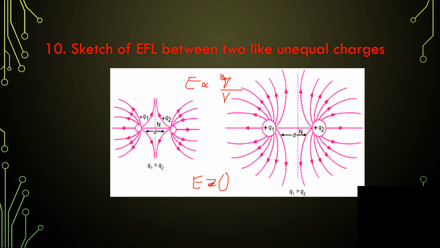That means this point should be closer to the smaller charge. So the null point is closer to the smaller charge. This is one of the important points you have to remember in competitive exams. The null point shifts towards the smaller charge if they are unequal. Is it clear, student?